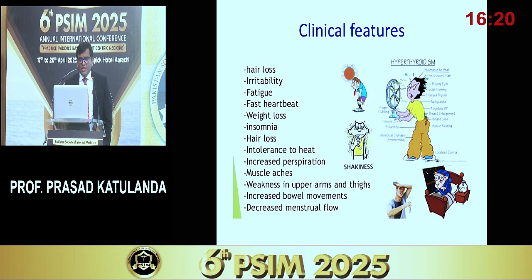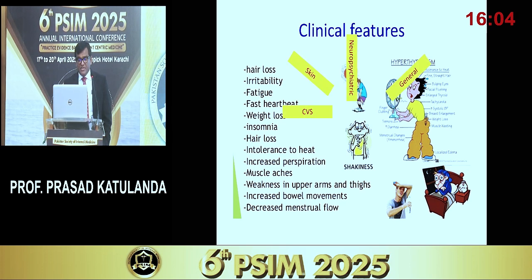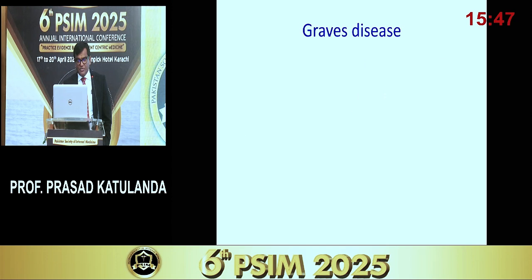So the clinical features can be explained by increased basal metabolic rate and increased sensitivity to the sympathetic nervous system. There are many cardiovascular, skin, neuropsychiatric, general, GIT, musculoskeletal, including rare periodic paralysis, and reproductive issues, the reduced libido, sexual dysfunction, problems in menstruation, all can happen with thyrotoxicosis.